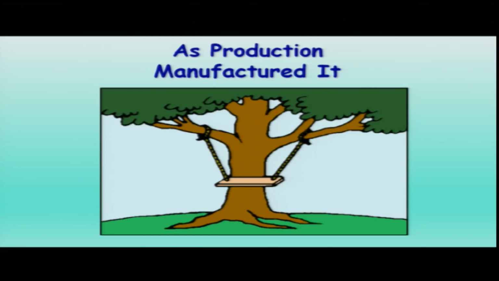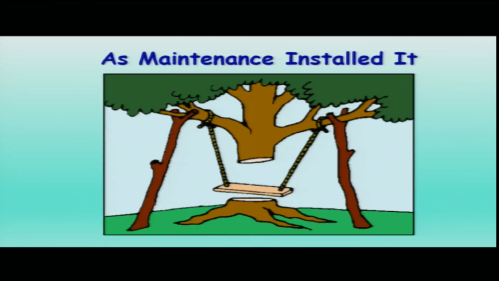Somehow they got the idea again that it is a swing, but then they manufactured it this way on the tree, but you could see it is functionally useless. It cannot go back and then come forward. So it just lay like that. Then when finally maintenance installed it, they were told that it should become functional. So what they did, they just cut the tree, and since the tree is cut, this cannot be tied.